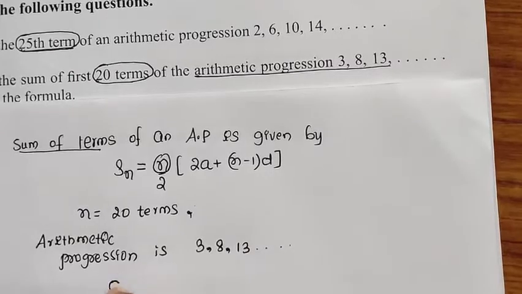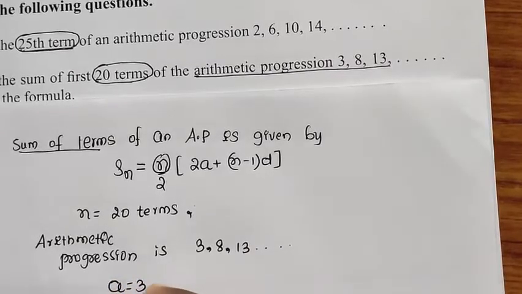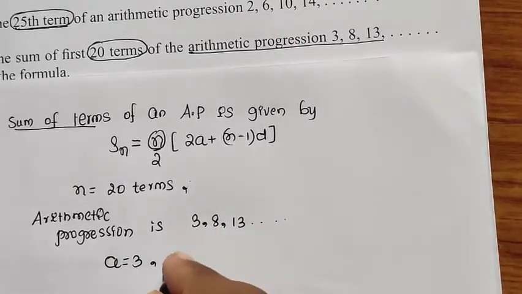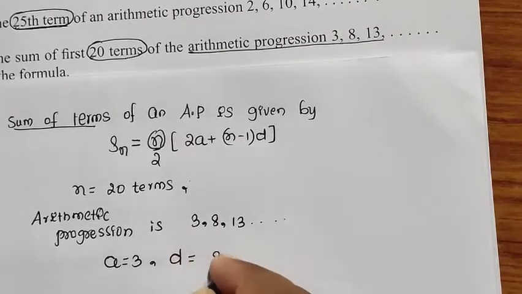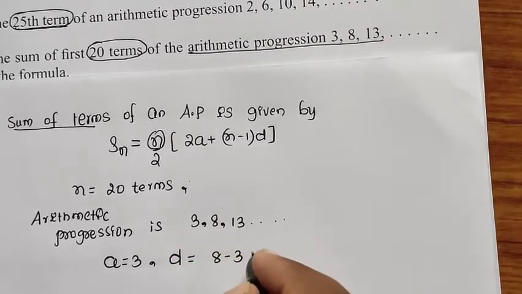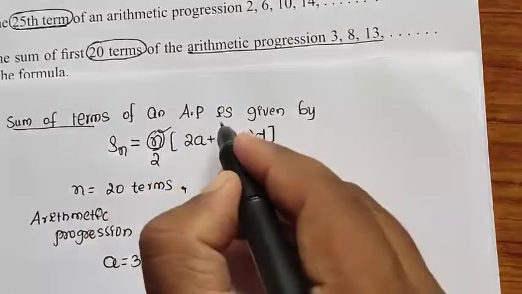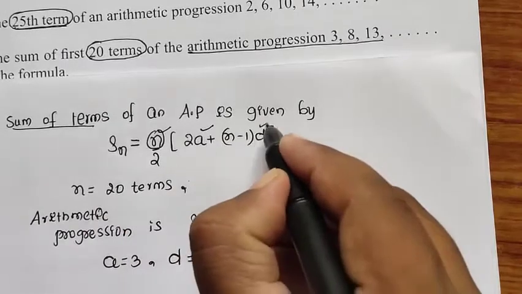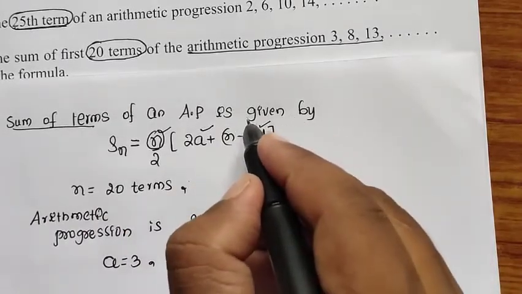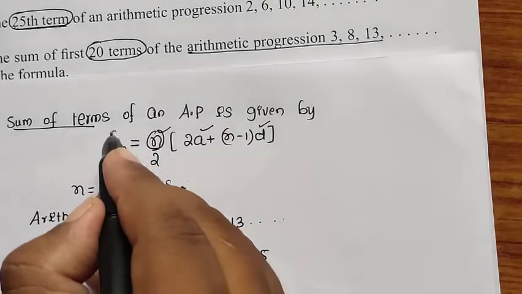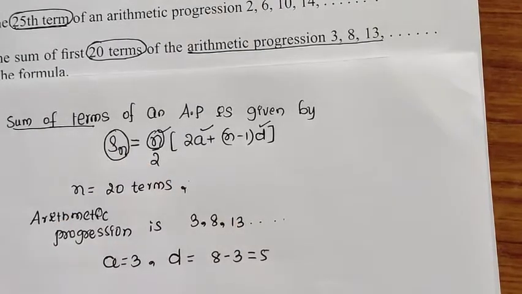So the first term here is 3, and the common difference is 8 minus 3, which means 5. So knowing the values of n, a and d, you can calculate the sum of any terms of the given AP.